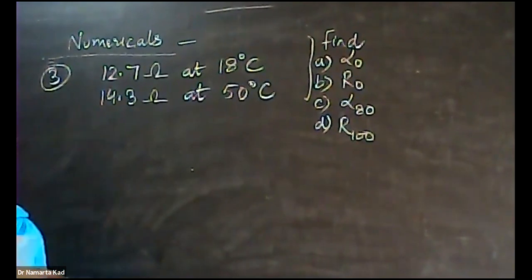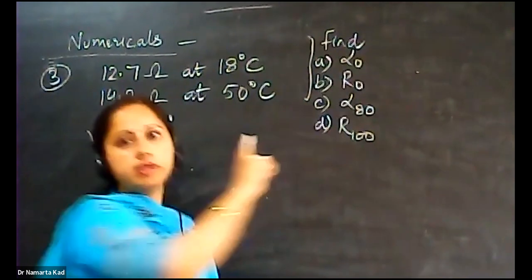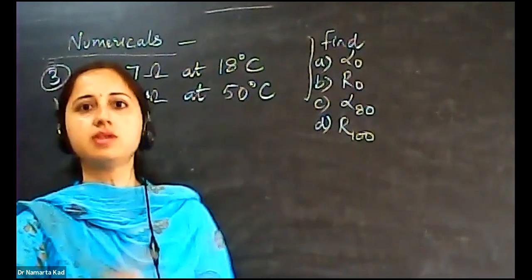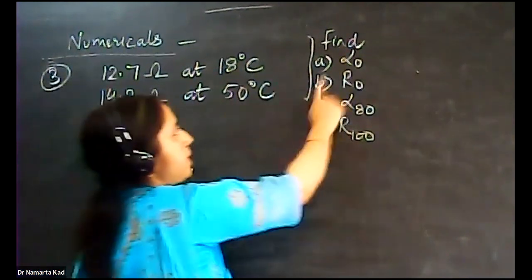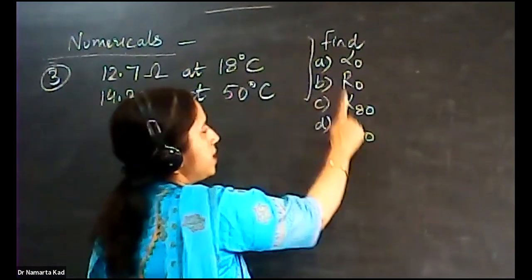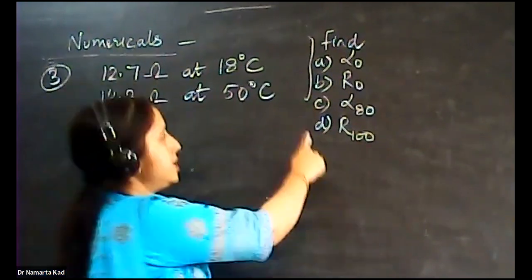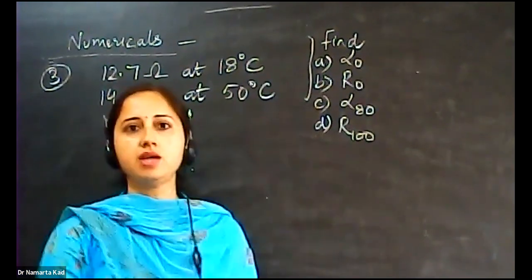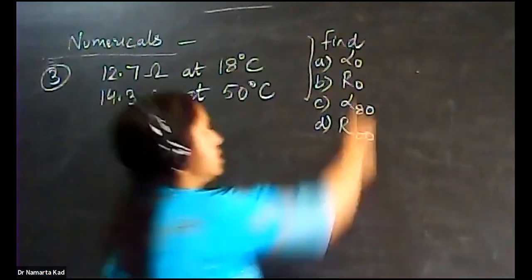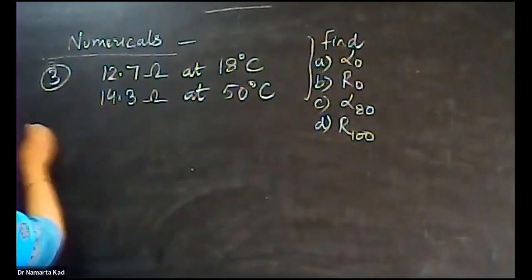And you have to find out first A part, alpha naught, that is the temperature coefficient of resistance at 0 degree C. B part, resistance at 0 degree C. C part, temperature coefficient of resistance at 80 degree C, and in the D part resistance at 100 degree C. So these are the questions that you have to calculate from this given data.